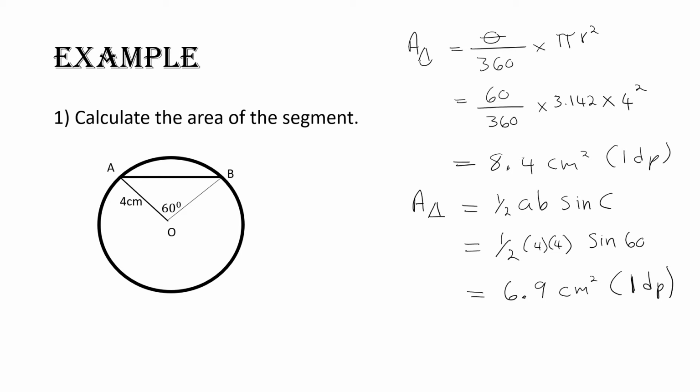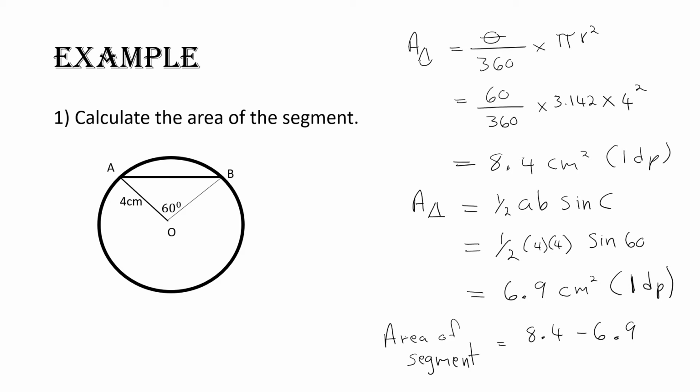So what will be the area of the segment? I wonder if I have space to write this here. So the area of the segment will be practically the area of the sector, which was 8.4, minus the area of the triangle, which I got to be 6.9.